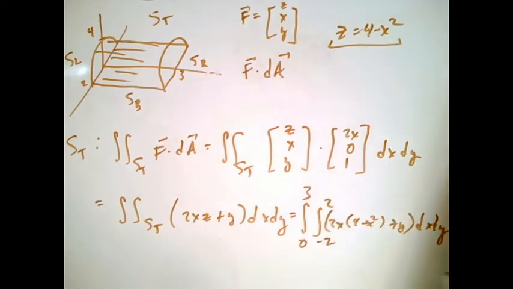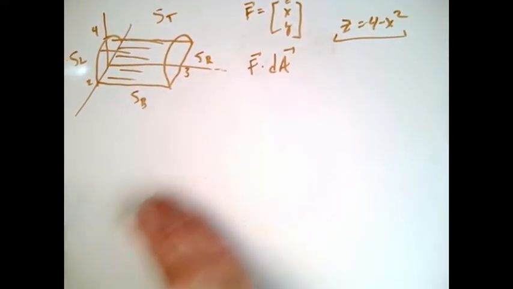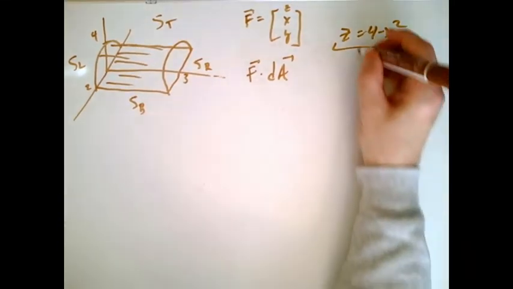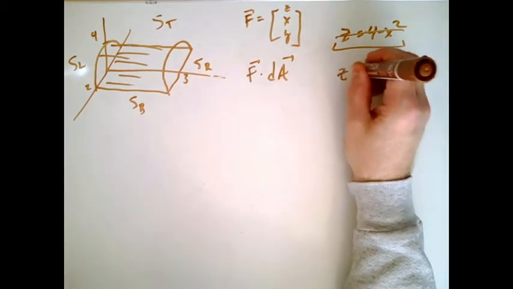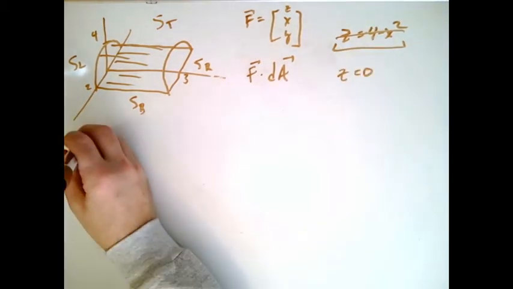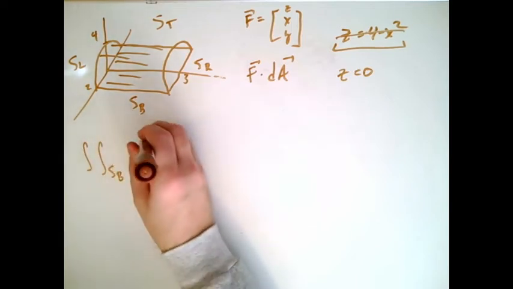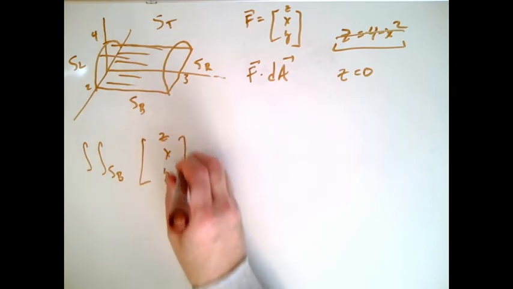Let's find the flux out the bottom. With the flux out the bottom, z isn't 4 minus x squared anymore. It's just z equals 0. So that's not so bad. I should be getting a double integral here. This is going to be out the bottom. And again, we're going to get f, so that's z, x, y.